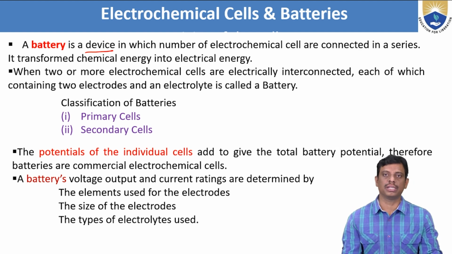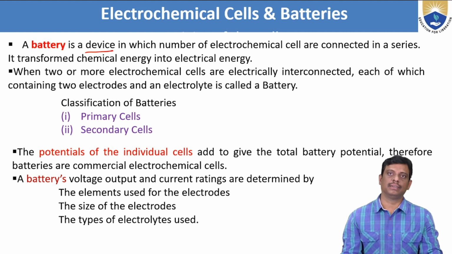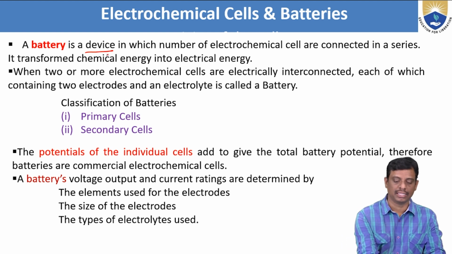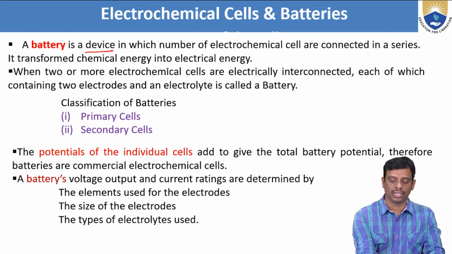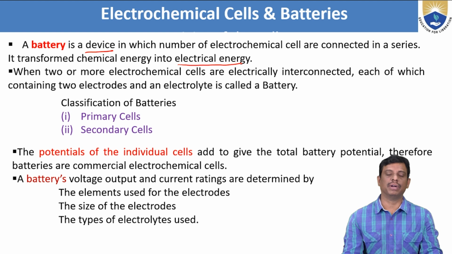We know that an electrochemical cell consists of an anode, a cathode and an electrolyte. When a number of electrochemical cells are connected in series, it is converted to a battery. In the battery, chemical energy is transferred into electrical energy. We know that it is an electrical energy generating device.